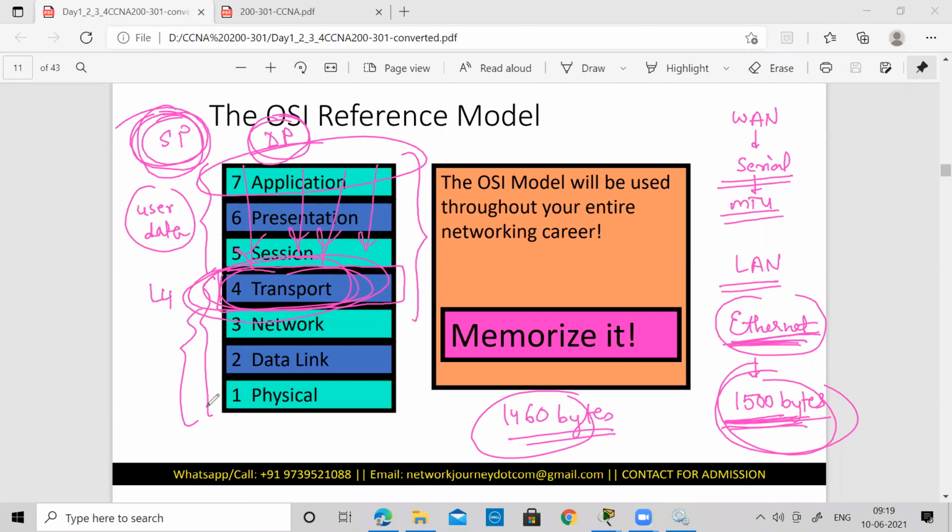Yes, window size is the same as the maximum segment size. Yes, you can say that. We can say that because anyway, the transport layer is responsible for the same. So you don't worry about that.